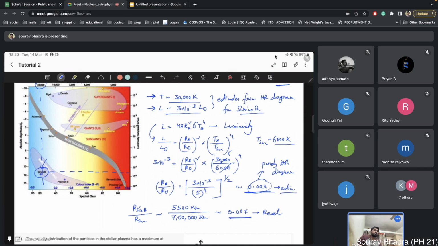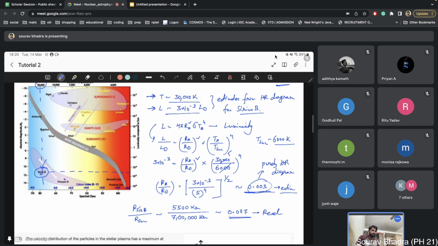You can see that we are not very deviated from the real value. We are getting a lower value, deviated by a factor of 2 or 2.5 only. So approximately we are getting a value close to the realistic scenario. This is the usefulness of the HR diagram.